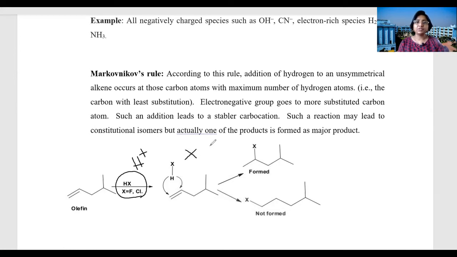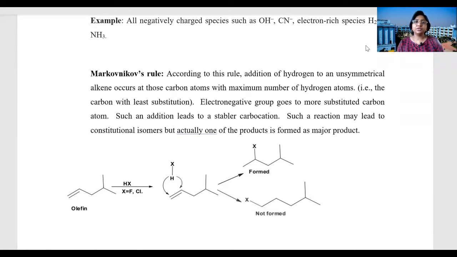So in which carbon will X be attached and in which carbon will H be attached? That is the concern of the Markovnikov and anti-Markovnikov rules. From this rule we can determine in which carbon it will be attached.